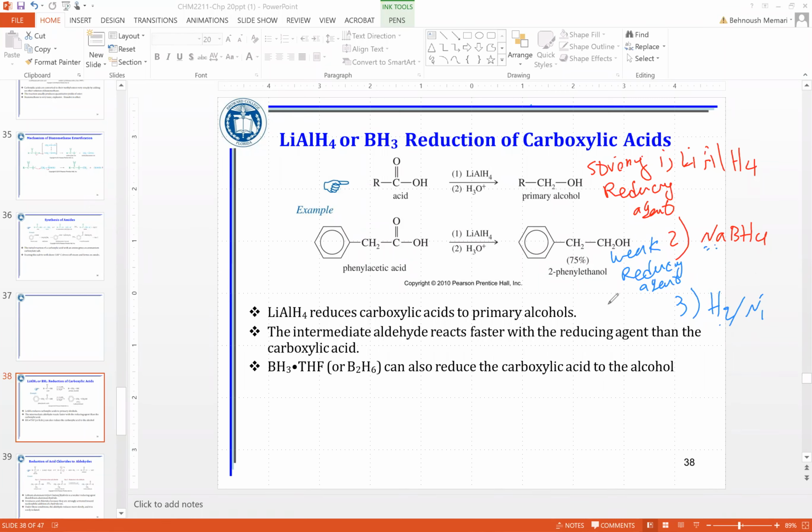Let me put an example here to make sure that you understand what I mean. Let's say I have cyclohexanol and I add sodium borohydride. Sodium borohydride can only reduce aldehydes and ketones, it cannot reduce carboxylic acid because it's weak.